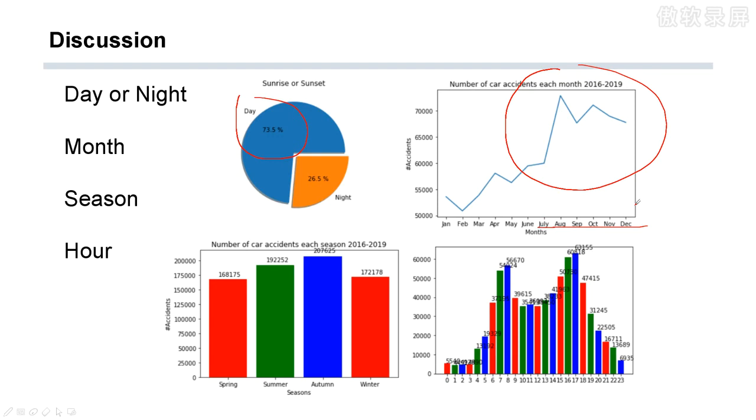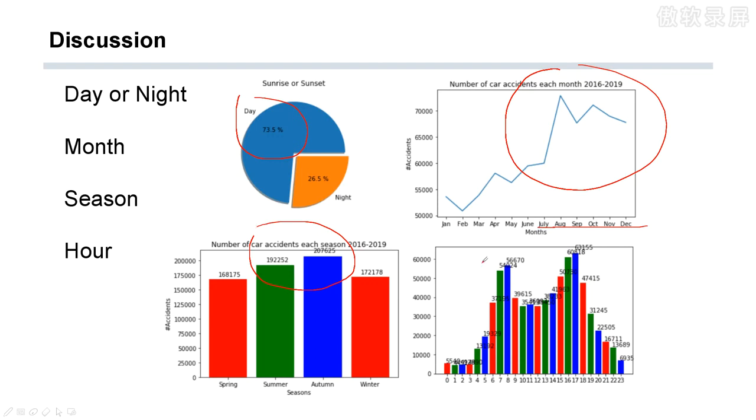It shows the incidence of traffic accidents is also seasonal, mostly in summer and autumn. As we mentioned before, the high temperature in summer and autumn easily affects the humidity, and humidity is one of the most important factors causing accidents. So more accidents happen in summer and autumn.